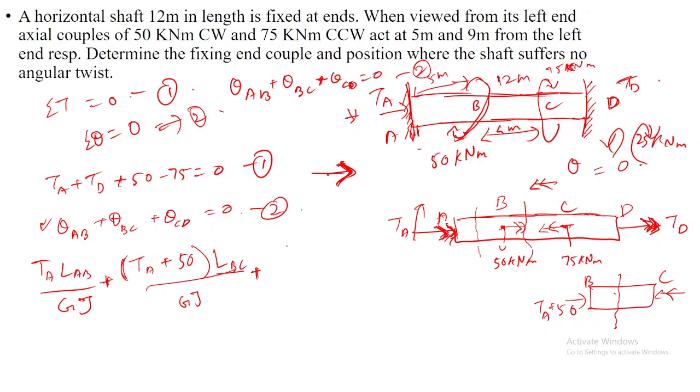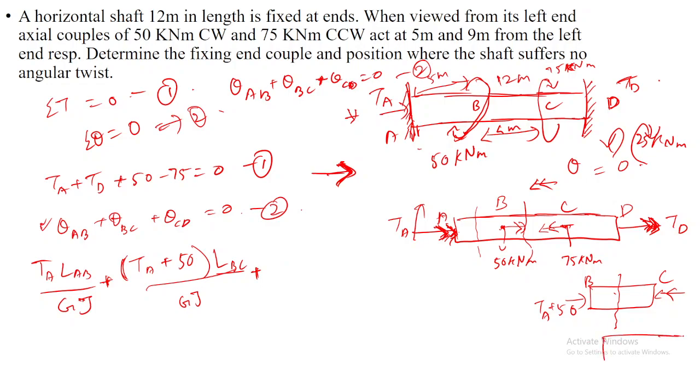plus theta CD. What will be the torque acting on CD? In terms of TA itself you can write, so that ultimately from this equation we will get the value of TA. So how much will it be?